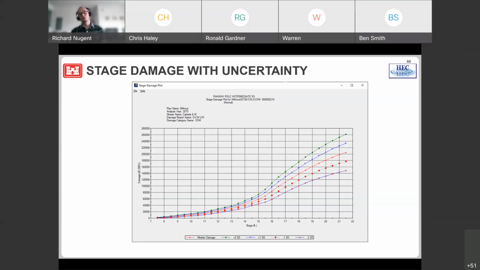So that may be true for the NRCS. For the Army Corps of Engineers, we have to present our results with uncertainty. It's required of us.